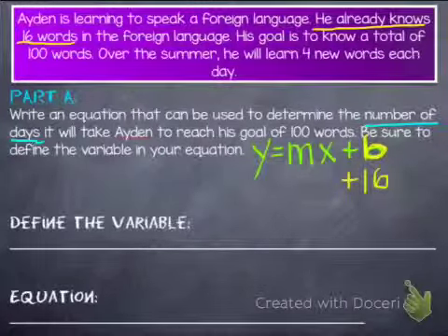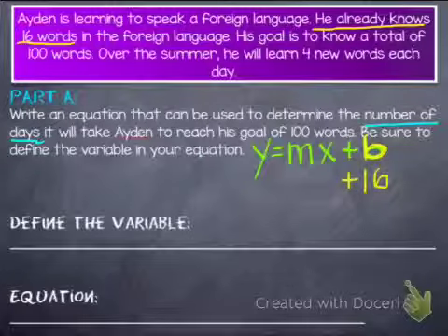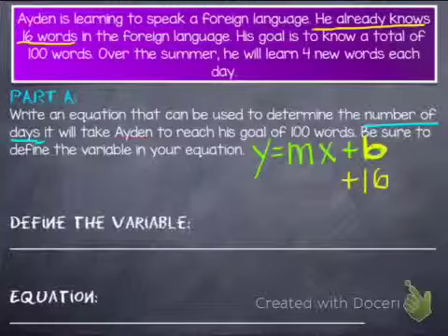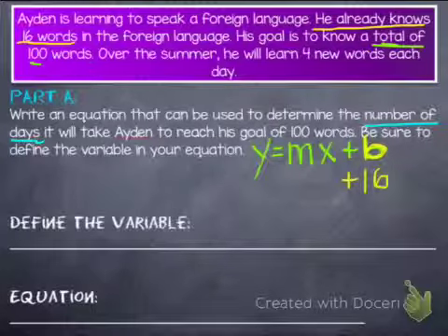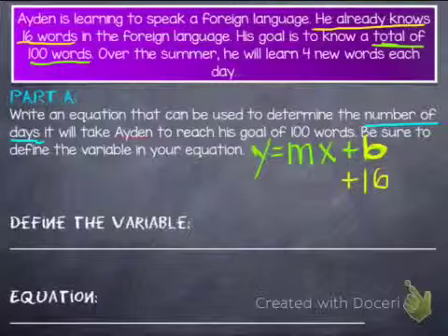And then his goal is to know a total of 100 words. So total of 100 words is actually going to be his y right here.